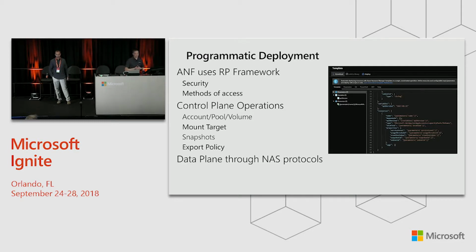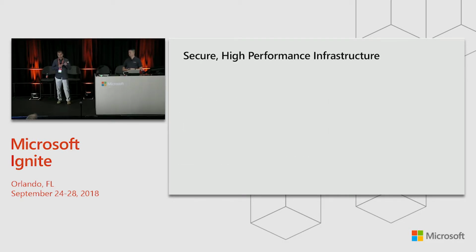One thing worth mentioning is that by design there is no data plane access. You can do the administrative or control plane functions against the volumes, but actually writing or accessing the data within the volumes is done through NAS protocols. I think this is a conscious decision from a security perspective. We spoke to enterprise customers, and two things came up.